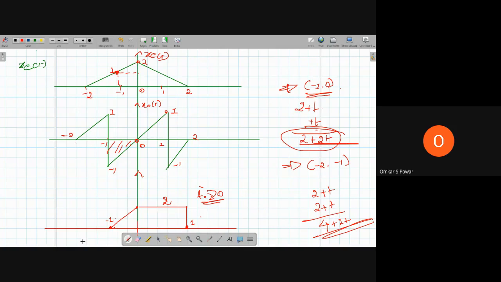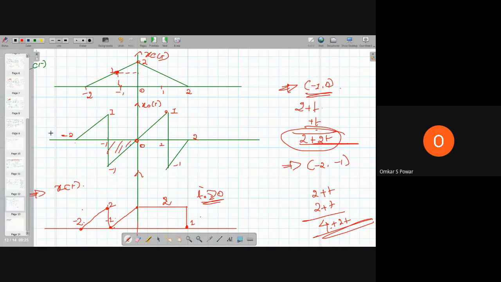Then from -2 to -1, at -2, 4 minus 2, its value is 2. So at -1 its value is 2. At -2 its value is 0. Just substitute there. So you will get this 2 ramp and you will get the answer like this. So this is how you solve. I have only shown you a sample problem, so you can solve this type of problems.